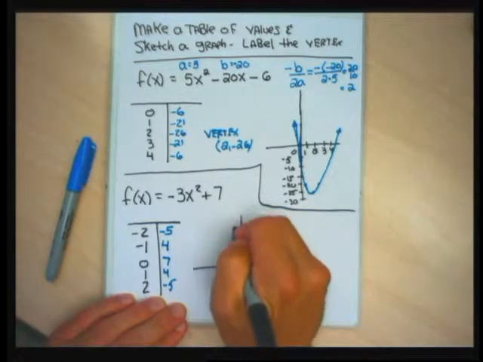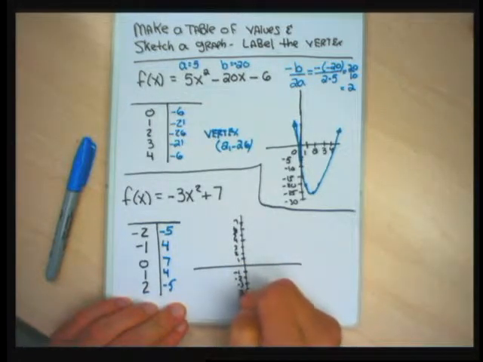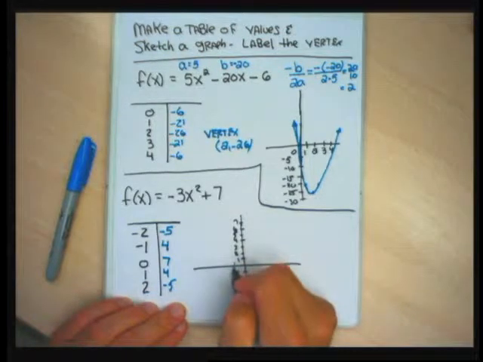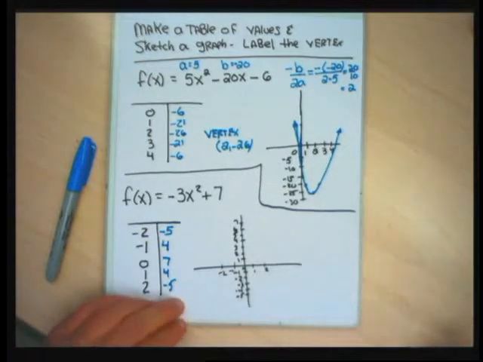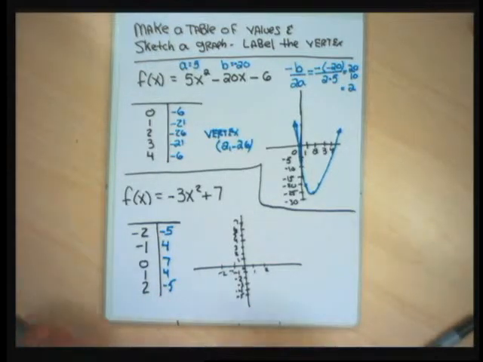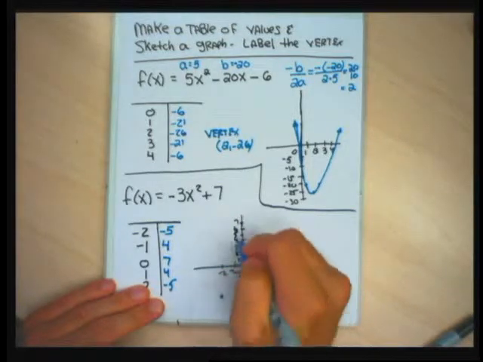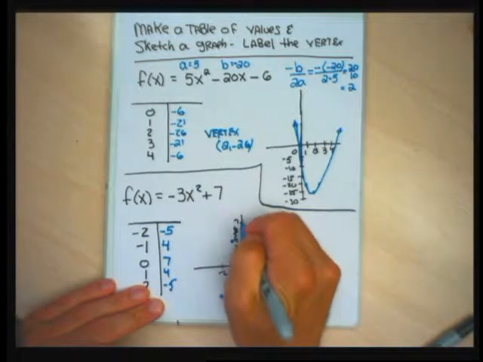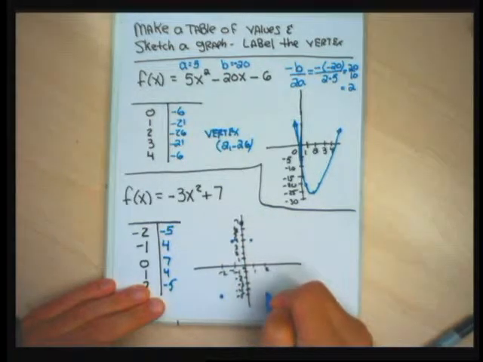I think on the test there's going to be graph paper for you to use, kind of like I did when I did the lecture. So I'm just going to plot the points the best I can. So -2, -5, -1, 4, 0, 7, 1, 4, and 2, -5.